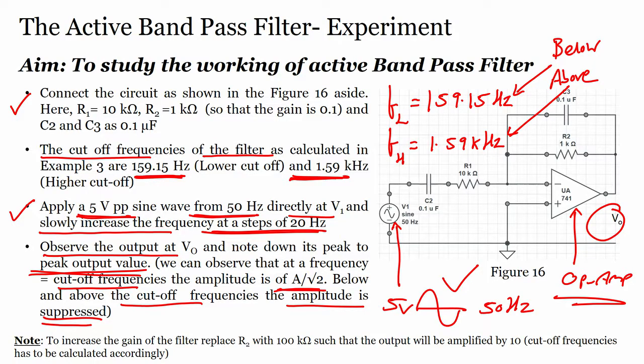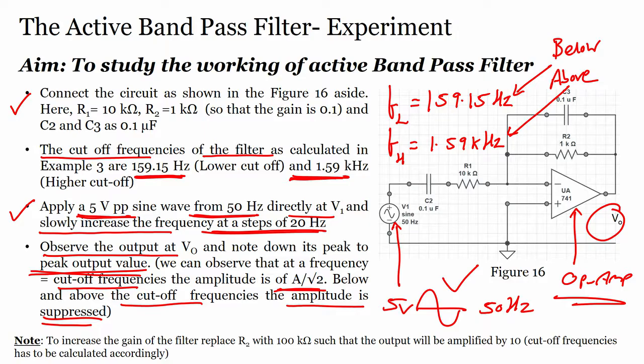Okay. So the point is that when we use the active band pass filter, the points that we have to remember are: one, we should have a lower cutoff frequency and a higher cutoff frequency.